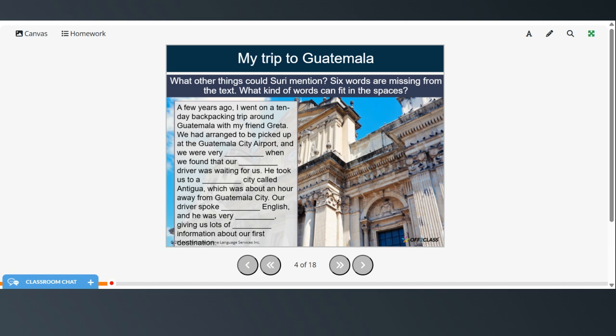He took us to a blank city called Antigua, which was about an hour away from Guatemala City. Our driver spoke blank English, and it was very blank, giving us lots of blank information about our first destination. So even though we might not know exactly which words go in those blanks for right now, most of these are going to be adjectives or descriptive words.